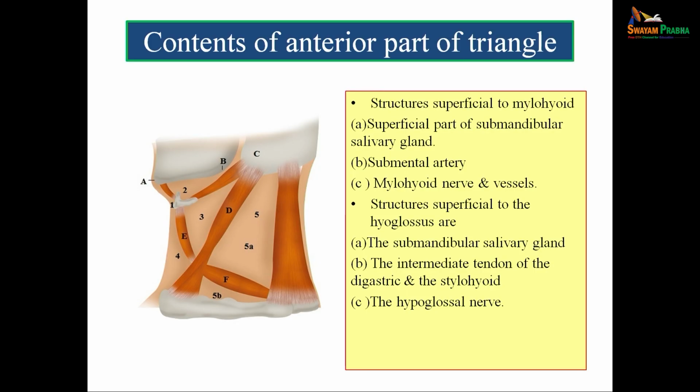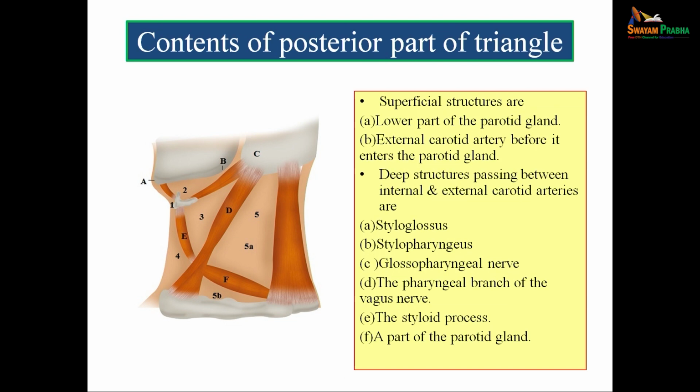Stylohyoid muscle, and the 12th cranial nerve is lying superficial to the hyoglossus. So, these are the contents of the anterior part of the triangle. They are structures lying superficial to the mylohyoid muscle and structures lying superficial to the hyoglossus muscle.